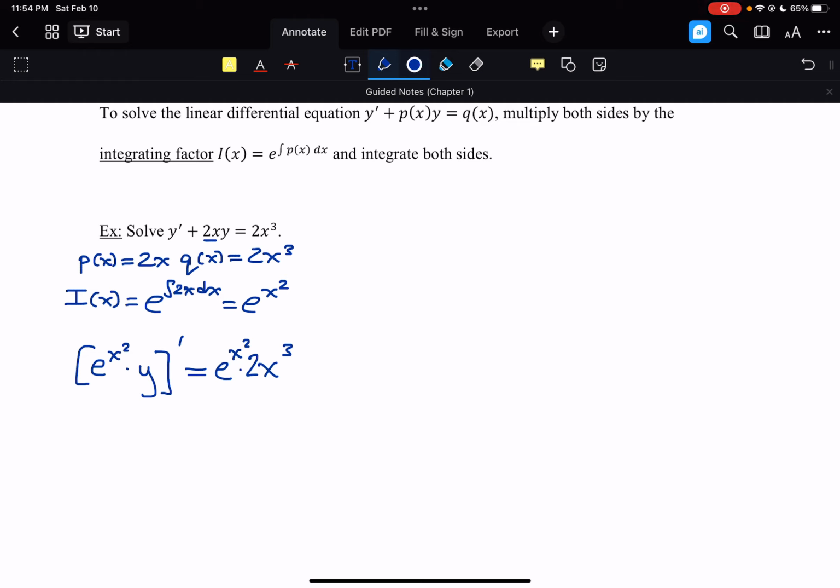From here now, we can integrate both sides. The left-hand side, because it's the integral of a derivative, they just undo each other. So we have y e to the x squared equals the integral of 2x cubed e to the x squared dx.